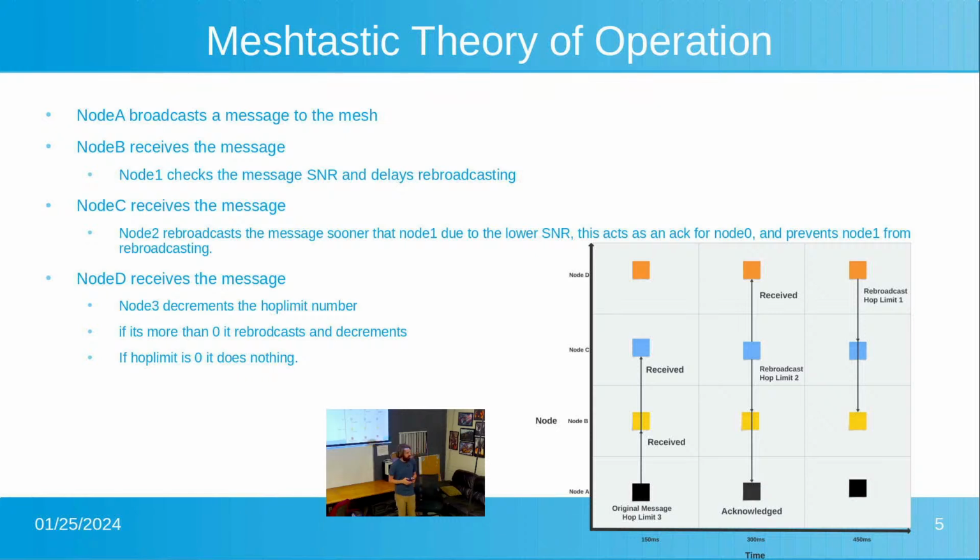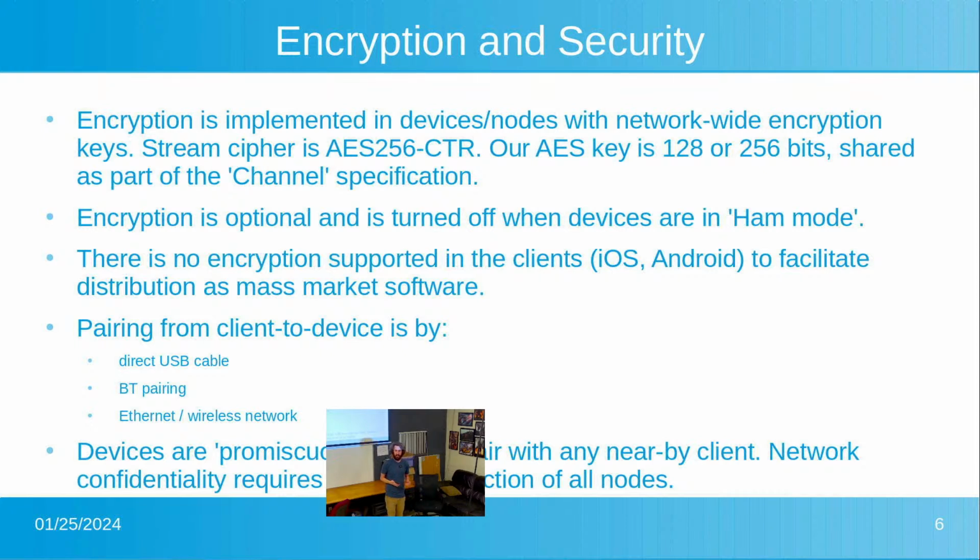So the hop limit for broadcasting to a channel effectively determines its range due to the number of repeats? Essentially, yeah. What was the question again, so I can repeat it? So when broadcasting to a channel, the hop limit of the message would effectively determine its range.